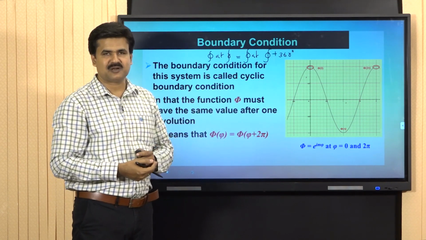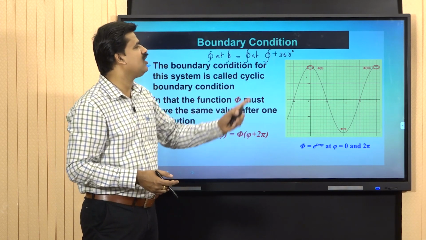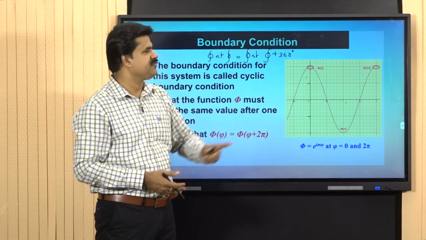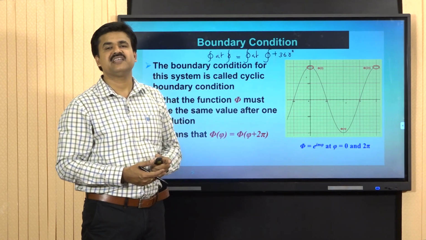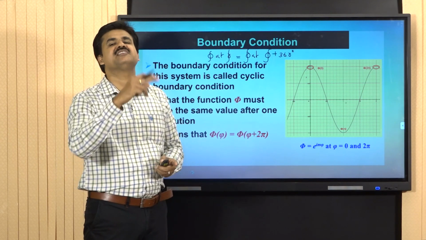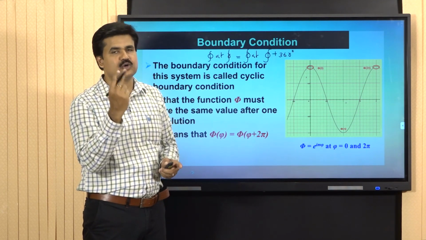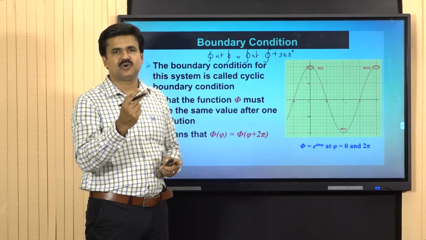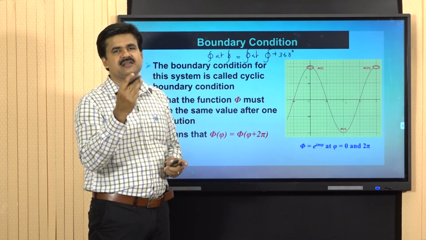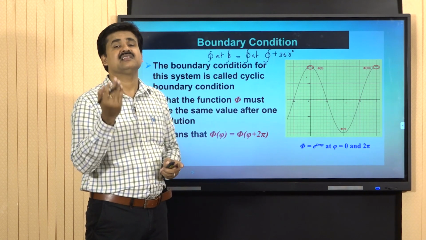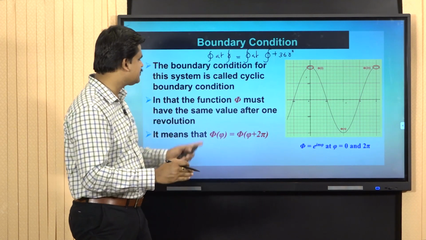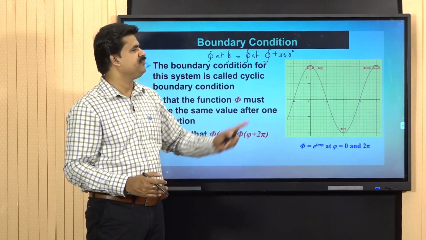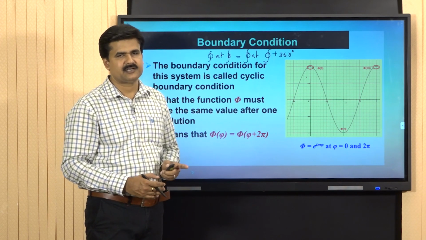This graph also represents Phi at 0 and Phi at 2 pi. This is the value of Phi at 0 degree, and the last one is the value of Phi at 2 pi. 2 pi is after a revolution, after 360 rotation. 360 degree rotation is simply known as one revolution. So, one revolution will not alter the value of Phi. That implies Phi of phi equal to Phi of phi plus 2 pi. This is graphically shown here.